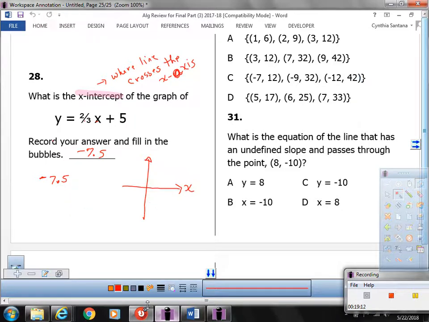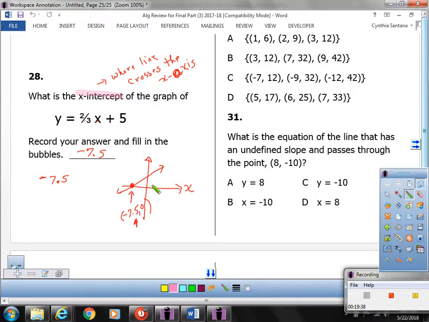Okay? So I'm just going to draw the picture here, what it looked like. And I'm going to put a little dot right there. It was at negative 7.5, comma 0. This is the number they want. You do not have to put the comma in 0. There's no way you can put a comma in this gridable. So really all they want to know is where does it cross the x?